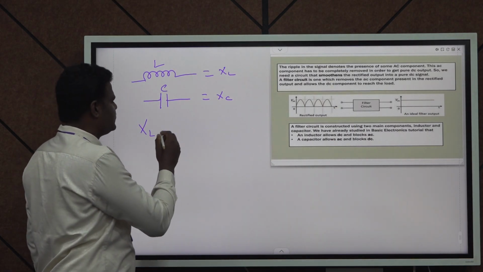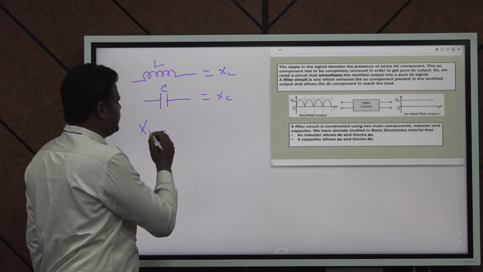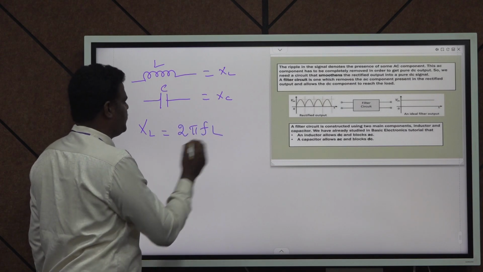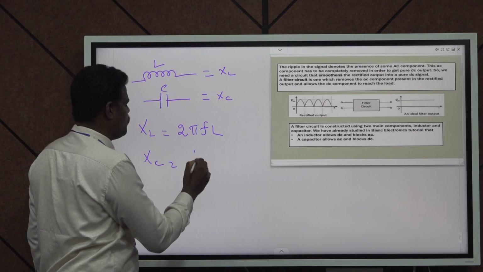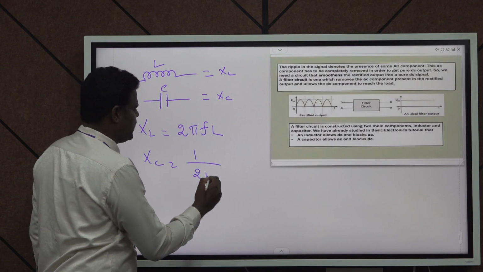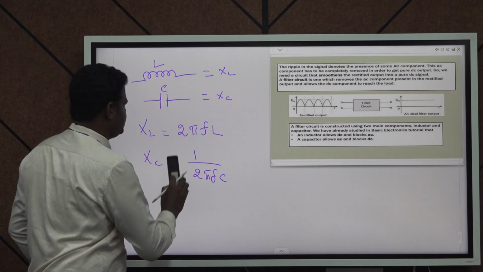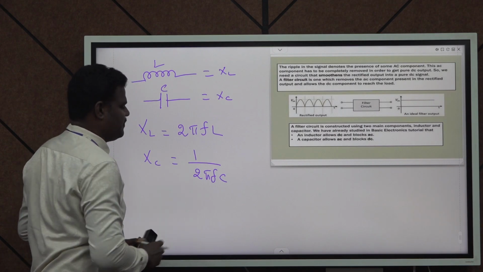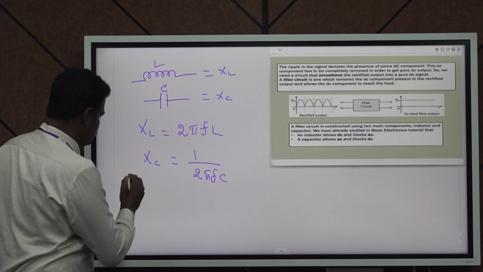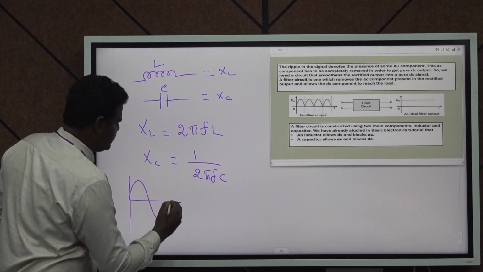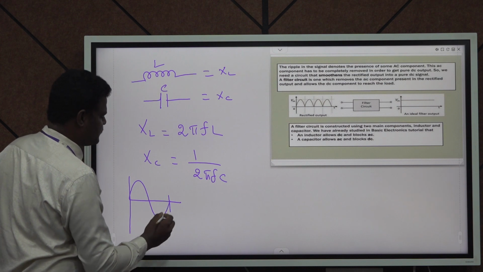We are going to see the formula for reactance. XL is equal to 2 pi FL, and XC is equal to 1 divided by 2 pi FC. An AC circuit has a frequency, which is nothing but cycles per second.